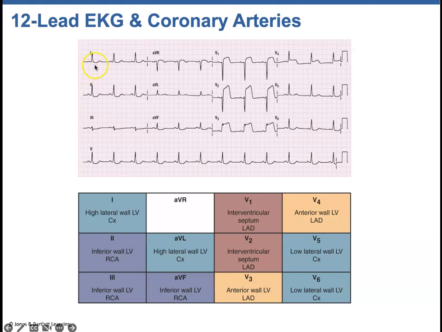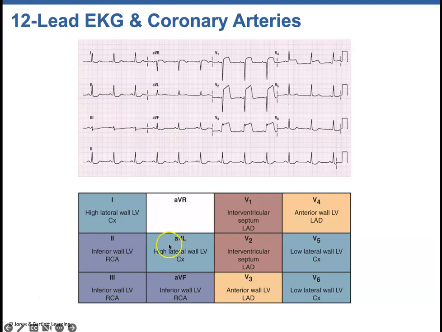So you look up here, and here's 1 and AVL. There's no ST elevation here, but what you do see is a little dip right here. And that's something that needs to pique your curiosity, because look, it's also right here and definitely right here in that V6. And so there's something going on that should not be happening. Then what you look at is, okay, this 2, 3, AVF over here, this is the right coronary artery. And you note that 2 and 3 also have a little bit of funkiness, and then the AVF definitely has some funkiness.